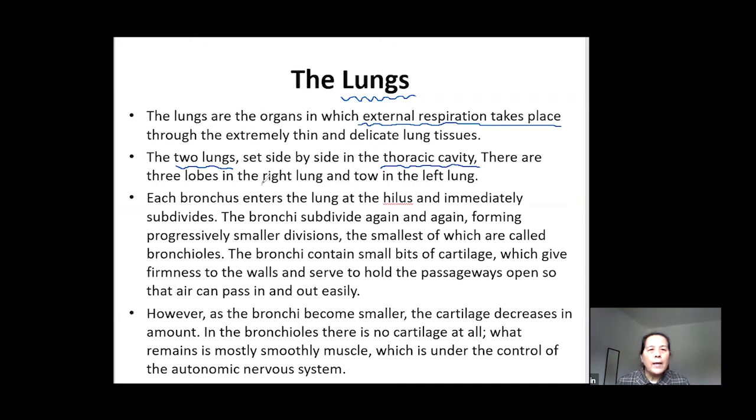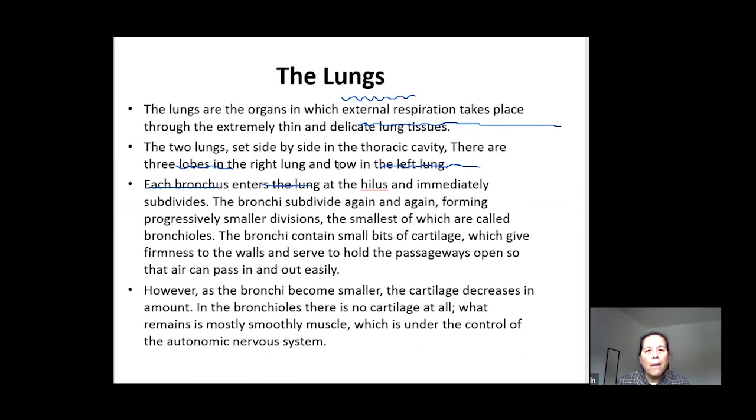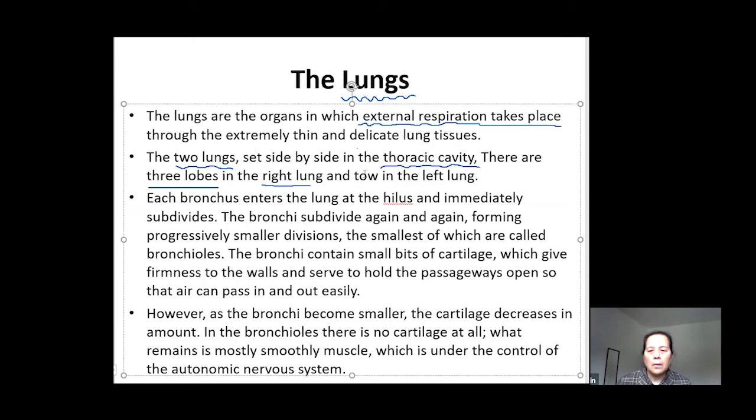On the right side of the lung, we have three lobes. The left side has two lobes.